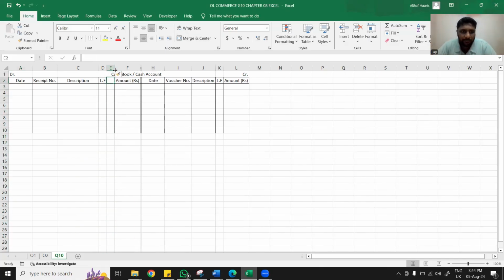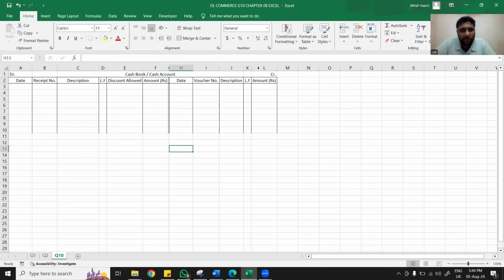For the debit side, when we are getting money from the customers, we will give discounts to them. So for the debit side, you have to write the discount allowed.